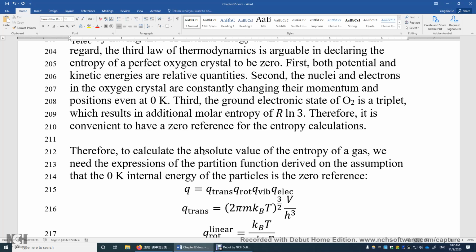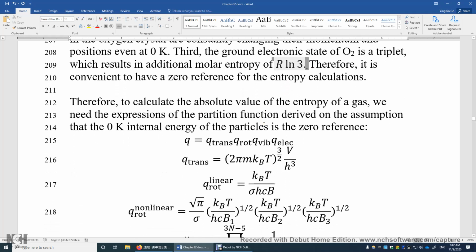Even for liquid water, each water molecule forms multiple hydrogen bonds, but still it's possible for the water molecules to rotate. And it's also hard to compute the vibrational entropy due to the interaction between neighboring water molecules. So let's just focus on the gas.